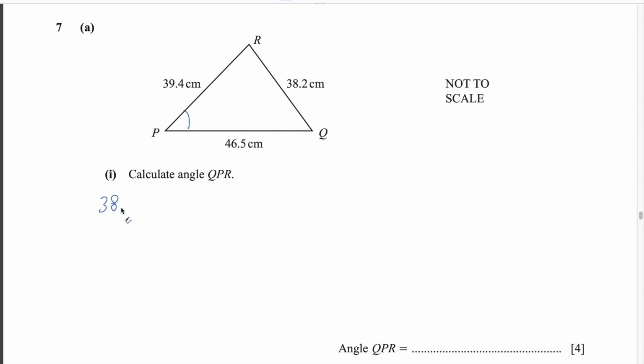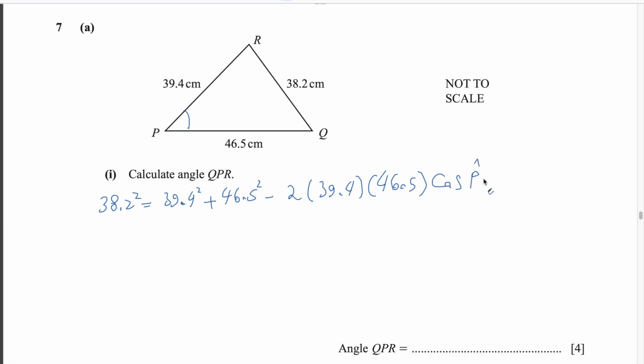So it will become 38.2 squared is equal to 39.4 squared plus 46.5 squared minus twice the product of the two sides times cosine of angle P.